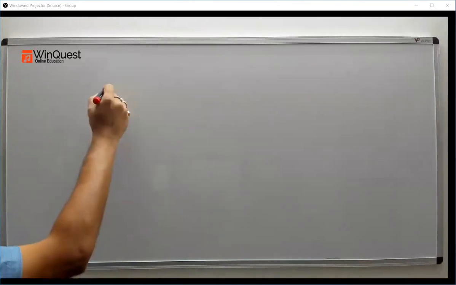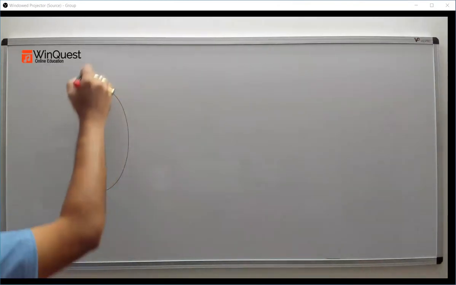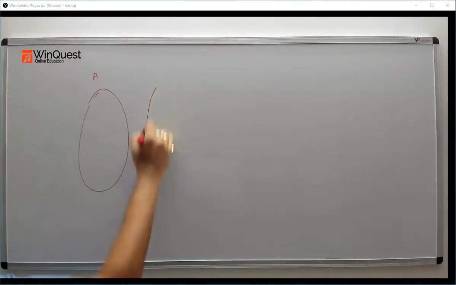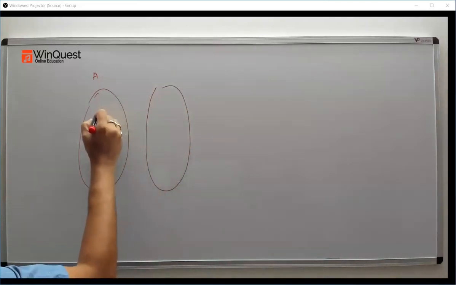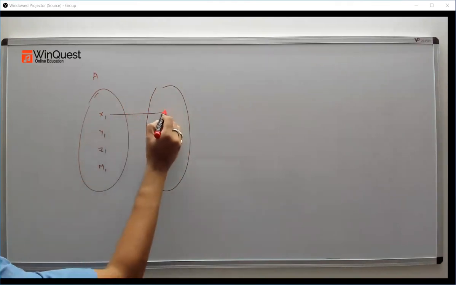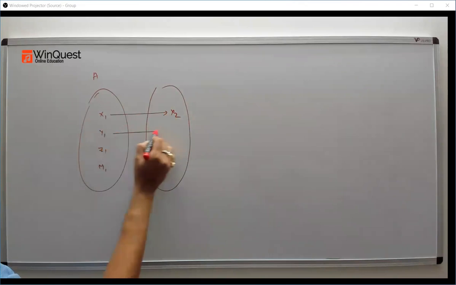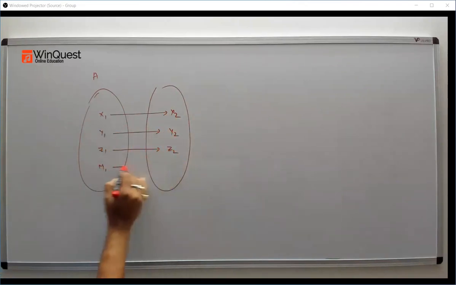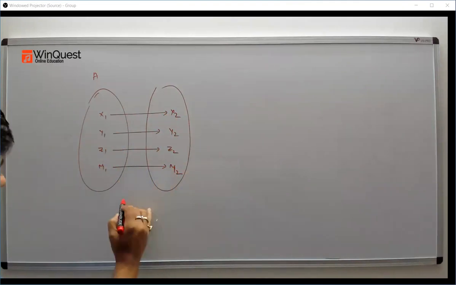Let's say this is A, and this is B. Let's say x1, y1, z1, m1. If they all relate to x2, y2, z2, m2, then this is okay.